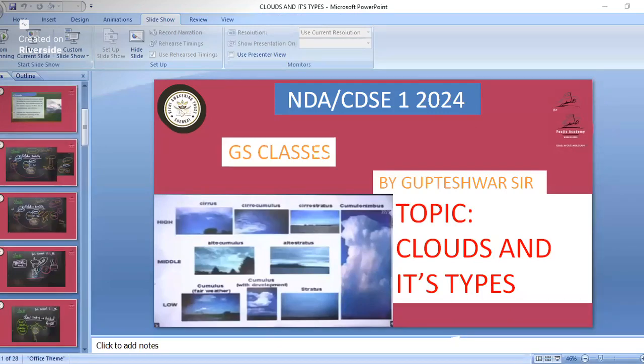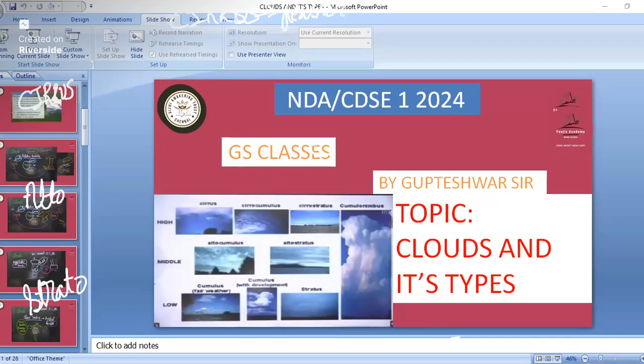Okay, so see here, this is all about the clouds, and you all must know that for easy remembering, low means we have the strato, middle means we have alto, and high means we have cirrus. Then based on the shape, we have cirrus, which looks like a feather type.